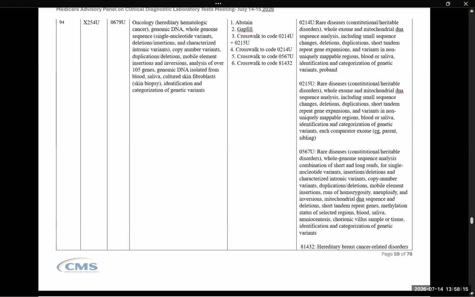For this test, we actually recommended 0218U plus 88233 plus 81441 for the skin biopsy part. And none of this, as I can see here, is on the screen.